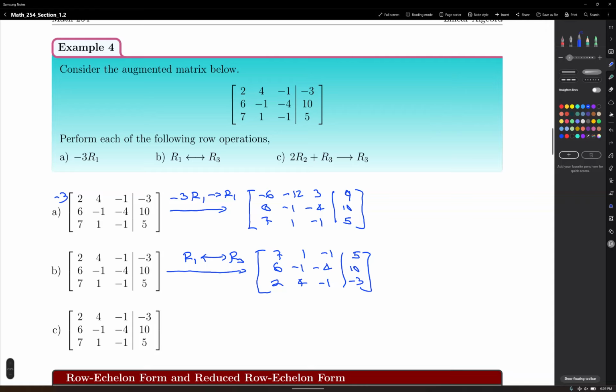All right, guys. The next one, let me see. Multiply the second row by 2 and add it to the third row to obtain a new third row. Okay, let me write that down. 2 times row 2 plus row 3 to obtain a new row 3.